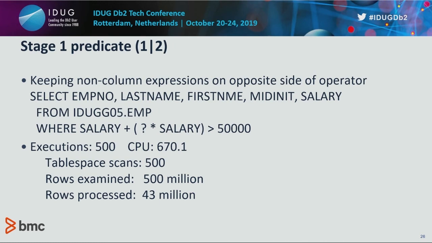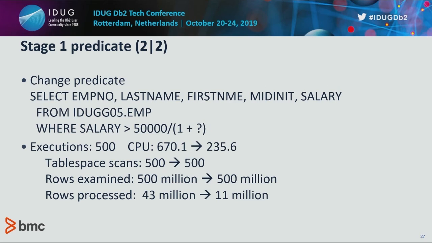That query can be rewritten as described in the manual, such that the variable salary portion is on the left side, and you can put an expression on the right side that only has to be evaluated once before all the rows are retrieved. In that case, what shows up in the access path behavior is that your rows processed goes down.